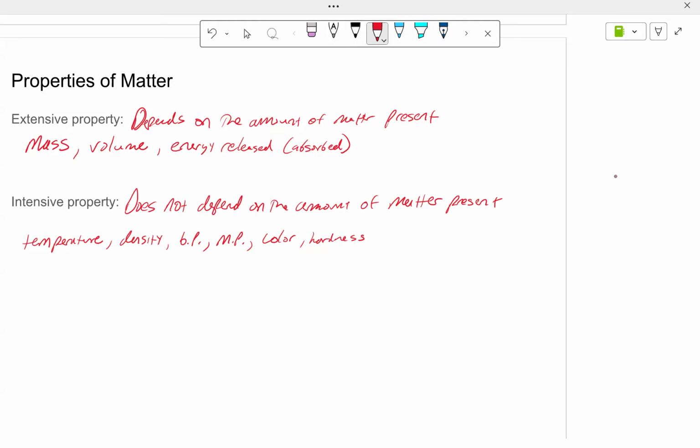Regardless, both amounts of oil would be at the exact same temperature. So I just want to emphasize that these properties aren't necessarily exclusive to each other, and matter is going to have both types of properties simultaneously. So that's where we'll wrap up with this chapter, and you will see the next chapter up fairly soon.